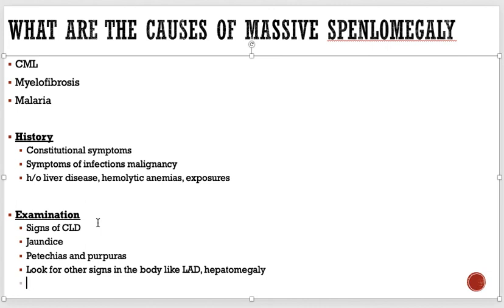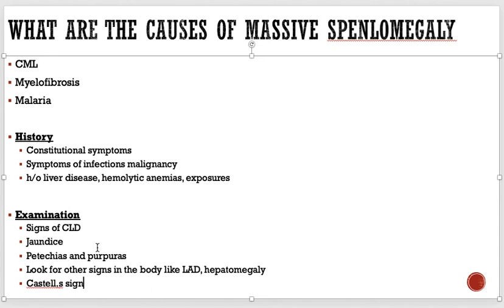In palpation, of course, we palpate the liver, we palpate the kidneys, and we palpate the spleen. And why we do this, of course, is just to see whether the spleen is enlarged or not. There are different ways, and then we percuss also, by the way. There are a few signs which you can see in the examination. One is called Castell's sign.